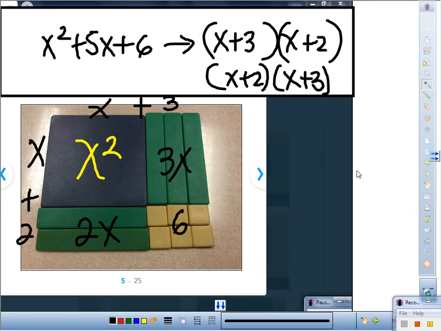I want you to get in front of you 1x squared plus 2x plus 1. Make a figure out of that. X squared plus 2x plus 1.